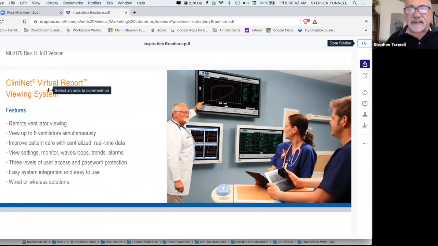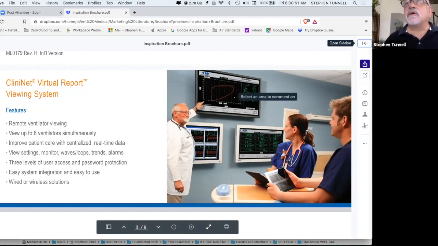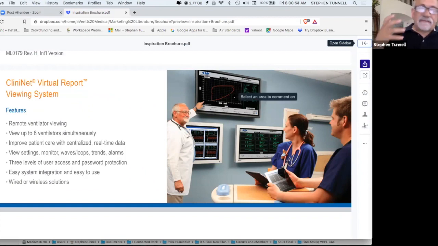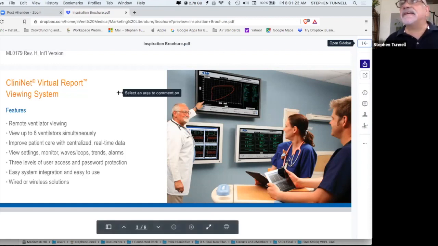And that web server takes all of that information from the ventilator and allows you to send it to a screen somewhere on the internet so that a physician using his phone can check out his patient in bed 9, his difficult patient, or a patient who is isolated because of COVID can be monitored without the caregivers having to put down all the PPE and go into the room to see the ventilator. So this is a very powerful feature and it's unique to us.